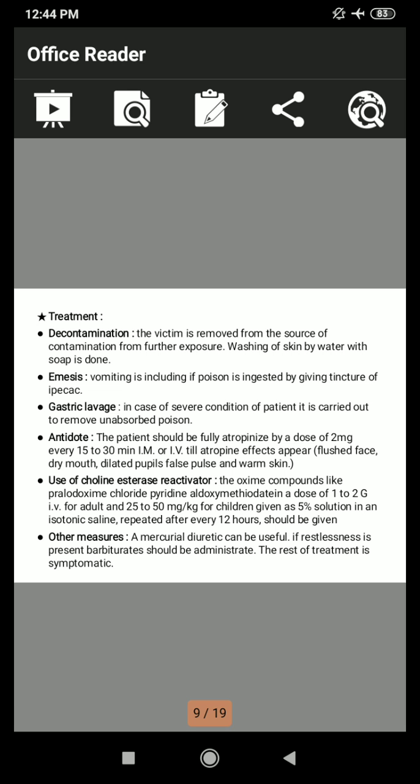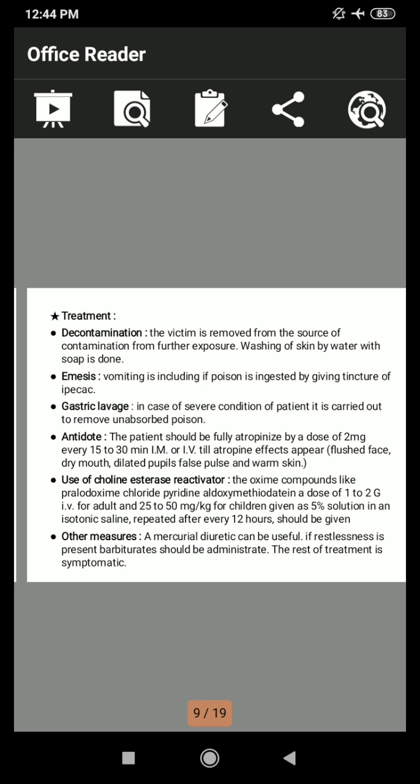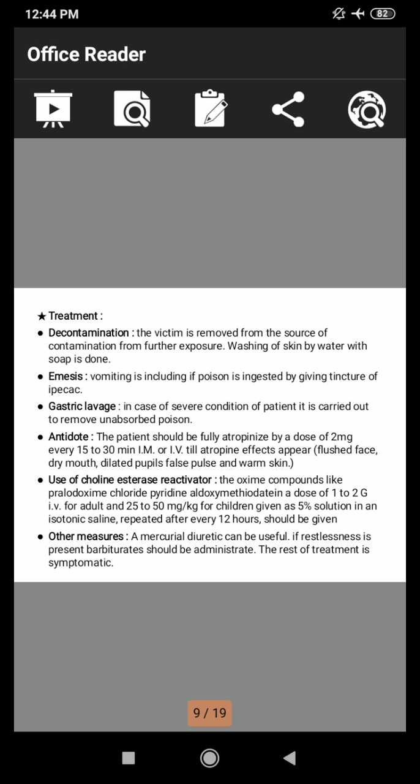Then antidotes. Atropine can antagonize the peripheral action of organophosphorus compounds but cannot block the effect on the CNS and the neuromuscular effects.